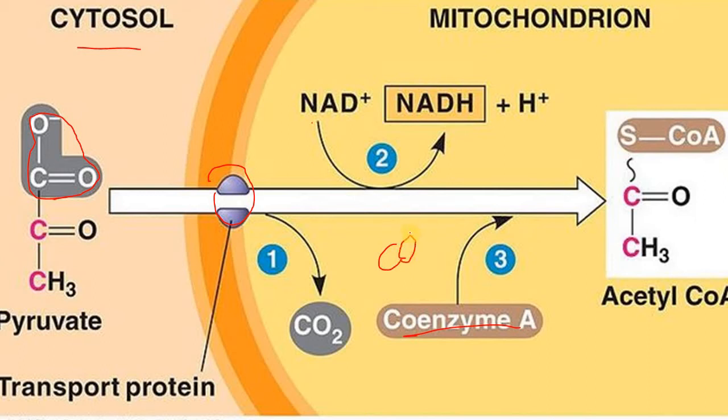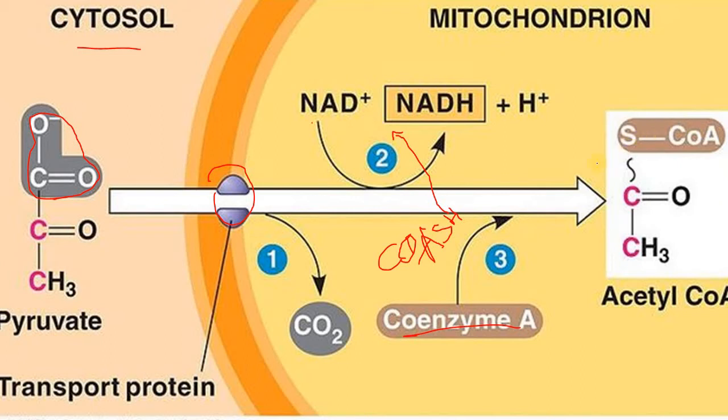It's CoA, which has a sulfur and a hydrogen group. From this hydrogen, the NAD plus obtains its electron and becomes NADH and H plus. And so finally we have the acetyl-CoA molecule: CH3, C double bond O, and S-CoA.